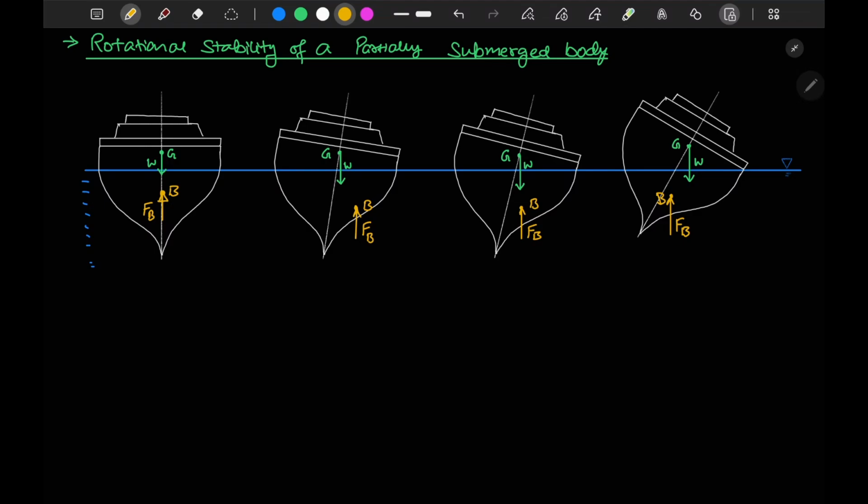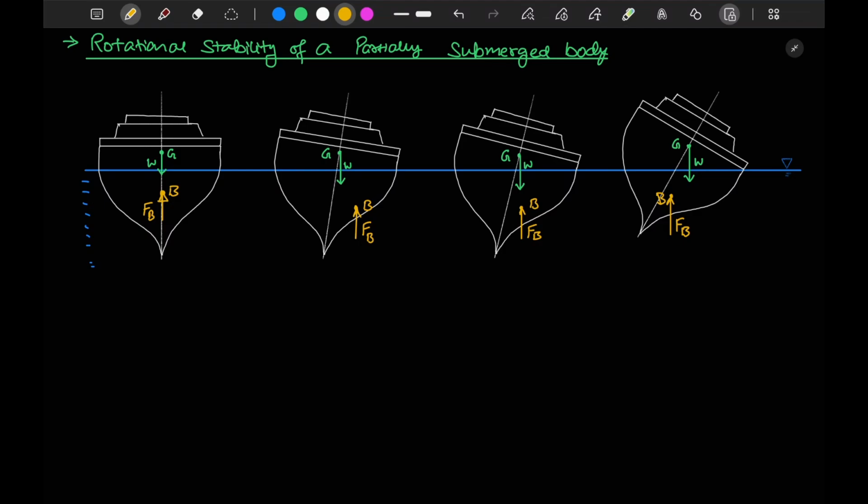Now, on this line of symmetry, this white line is your normal axis. Your weight is always acting along the normal axis, but the center of buoyancy moves away from it when the ship is tilting.